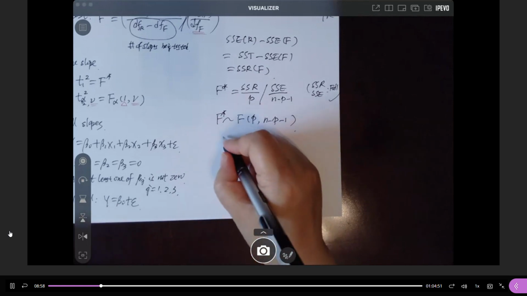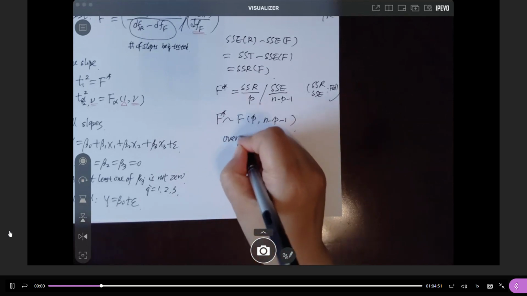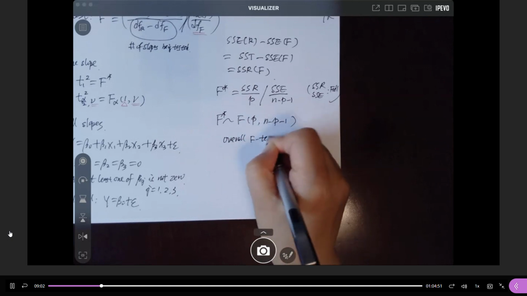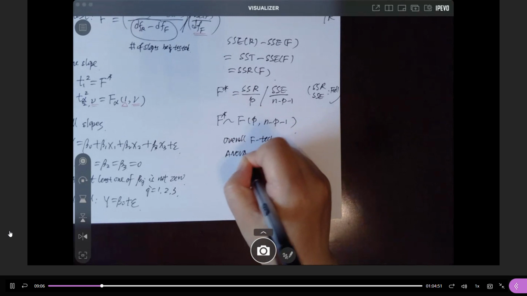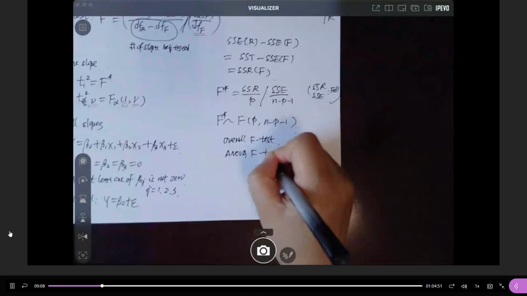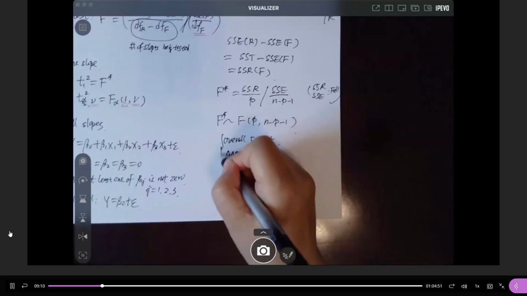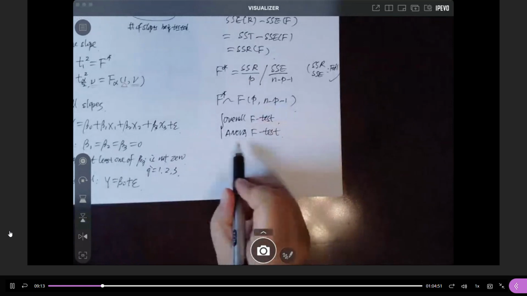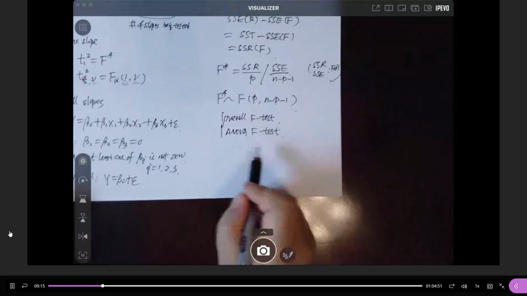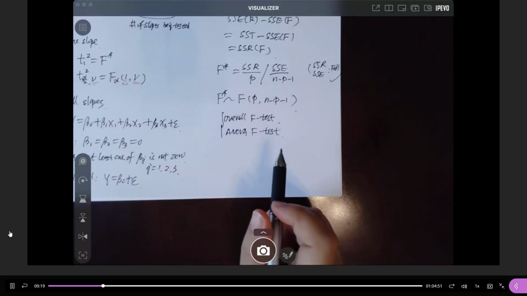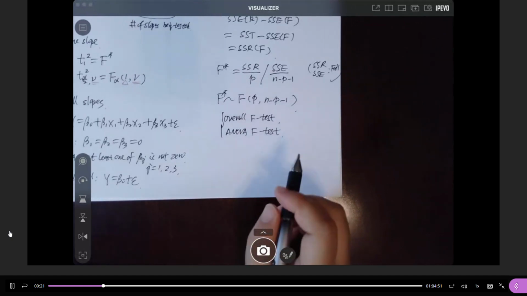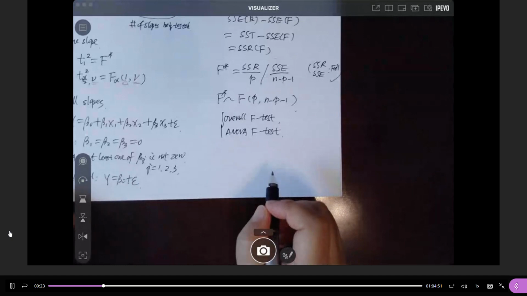And this test is called the overall F test, also called the ANOVA F test. So you may hear different names. If you take a different class, the term ANOVA F test is used a lot. The overall test is to test whether any of the slopes is not equal to 0.